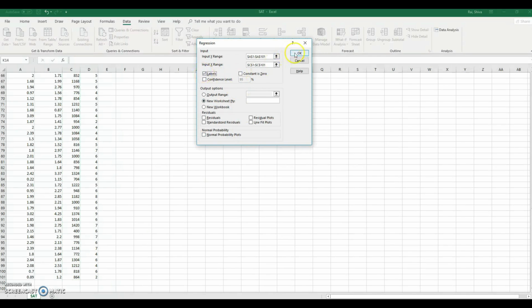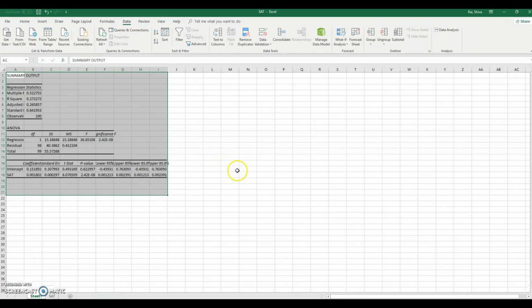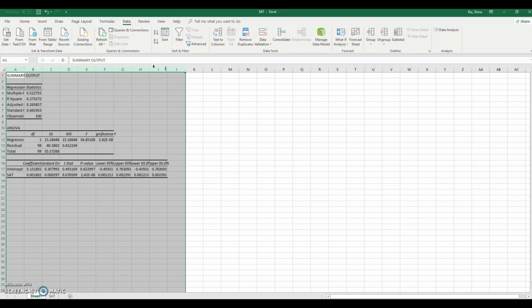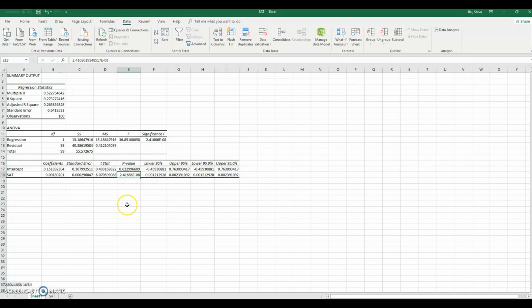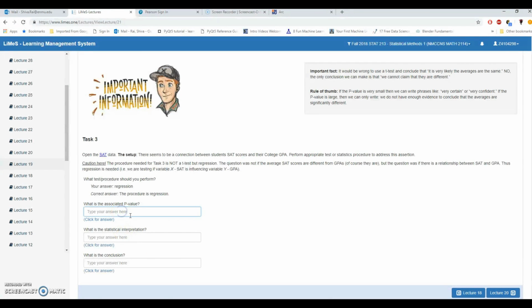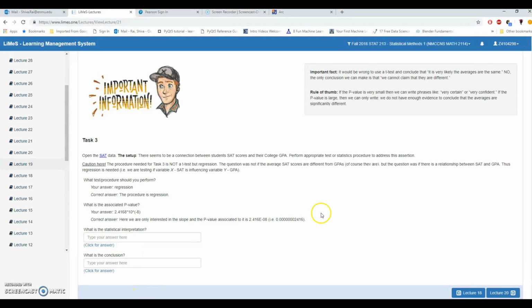Click on Labels and click on OK. Let us see what the p-values and everything else are. The p-value is 2.41686 times 10 to the power negative 8. That's a very small number. I think I should write it this way: 10 to the power negative 8. So that's our p-value.